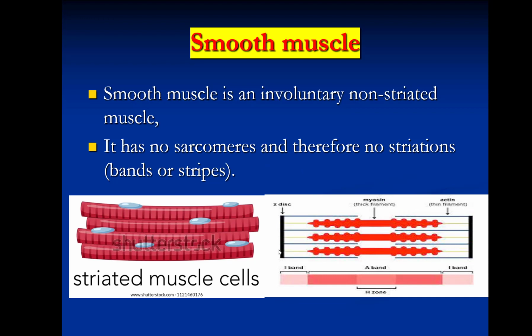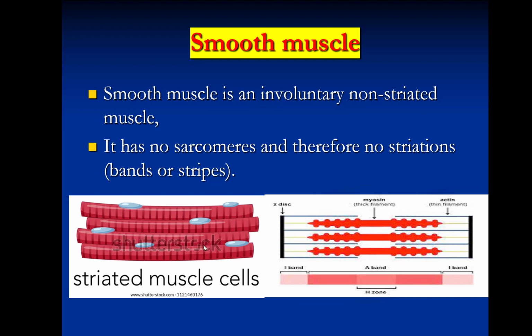Here you can see that in skeletal muscle there is a sarcomere. A sarcomere is the distance or structure between two Z lines. We know that between the two Z lines we have actin and myosin, but in smooth muscle we have no such Z disc or Z line, so we don't have this type of striation. Stria means strips.